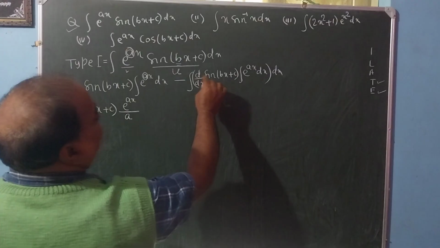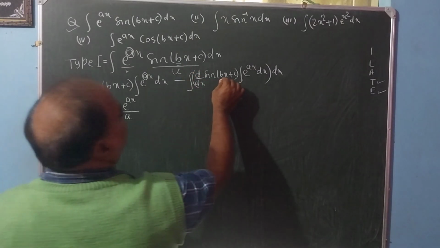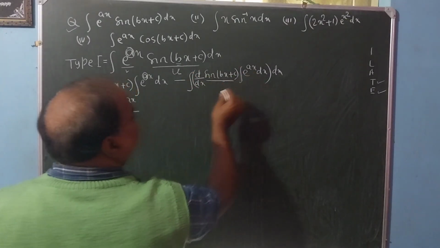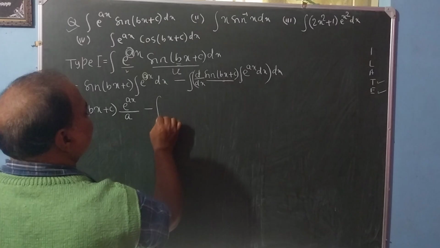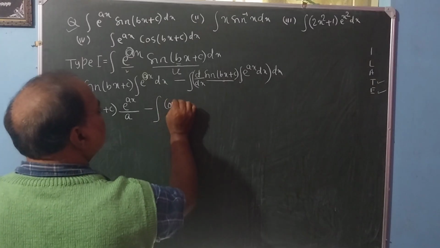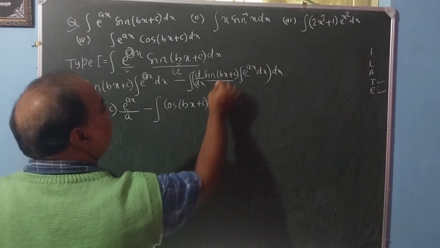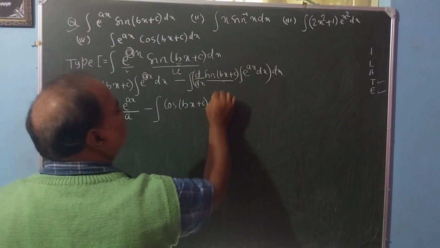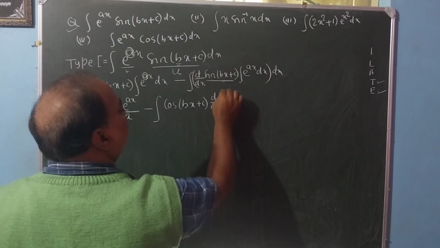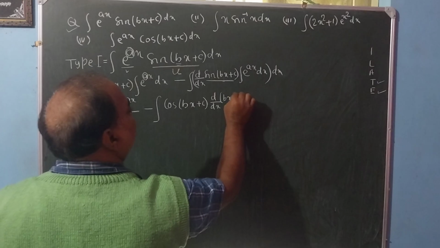The derivative of sin(bx plus c) is cos(bx plus c) into the derivative of bx plus c, applying the chain rule.